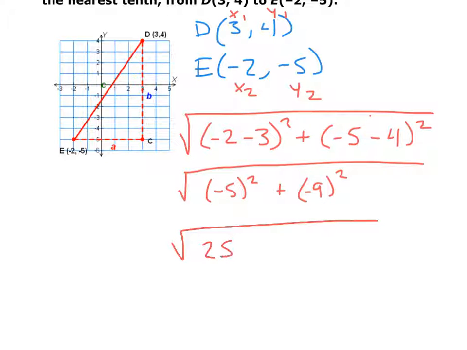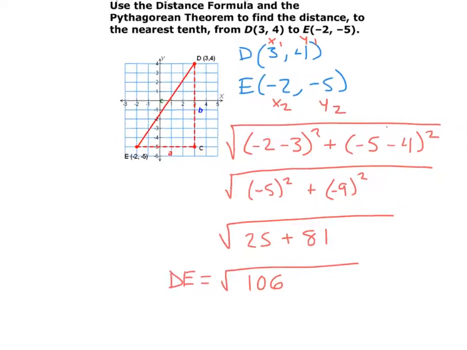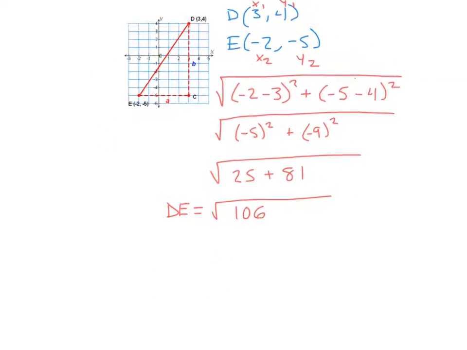So 25 plus 81, which would give us the square root of 106. So this is the length of DE. We're just going to leave it like that because we don't have a calculator.